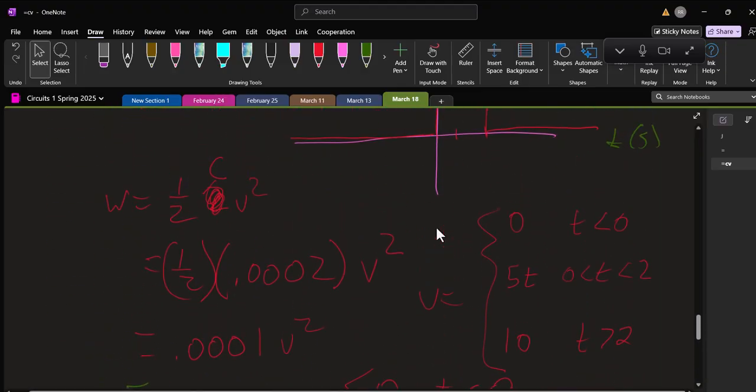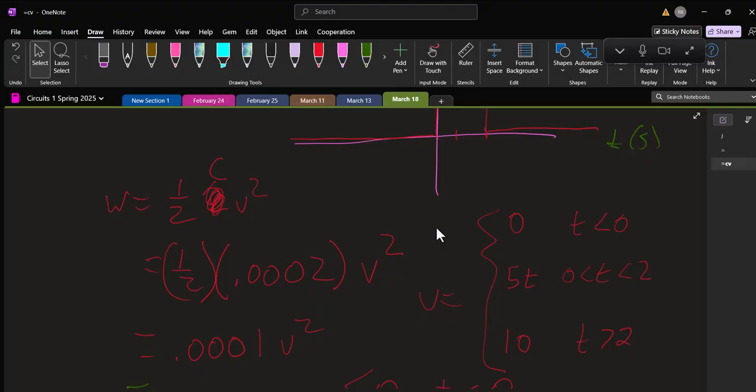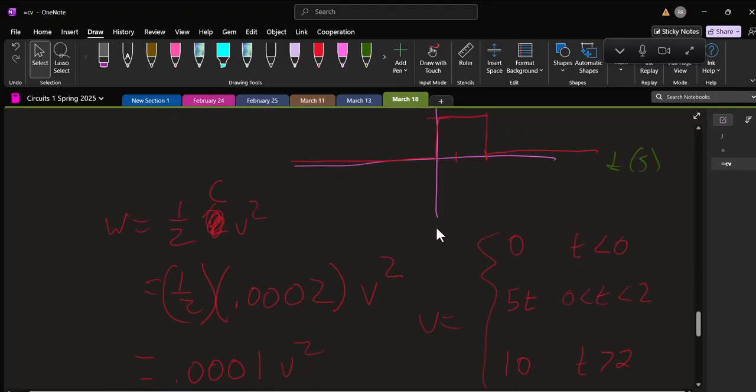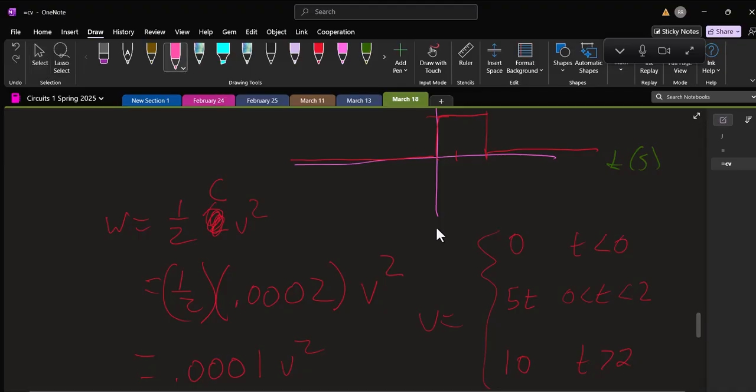Do you think she would care if you don't have the sign that includes the number? So you see how it says 5t for t greater than 0 but less than 2. You don't need a line under any of those. Like which side is equals? Yeah. Do you think she'll care about that?